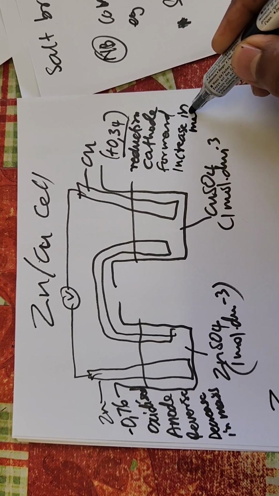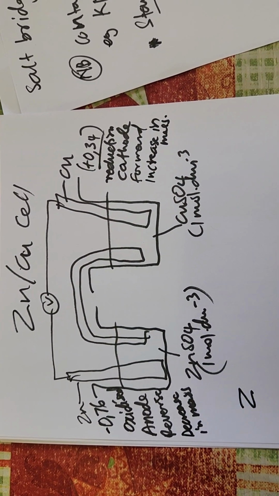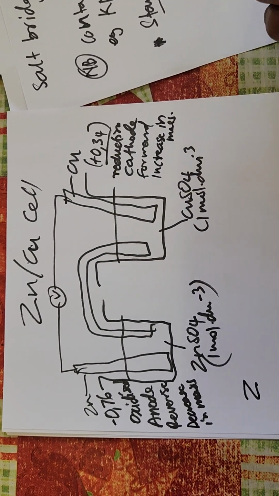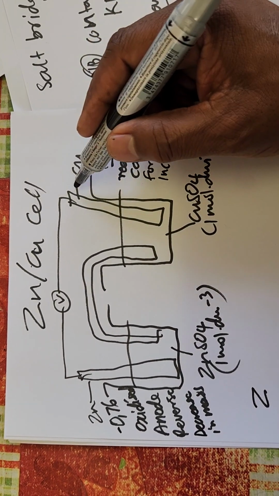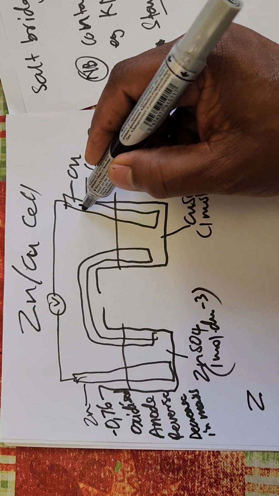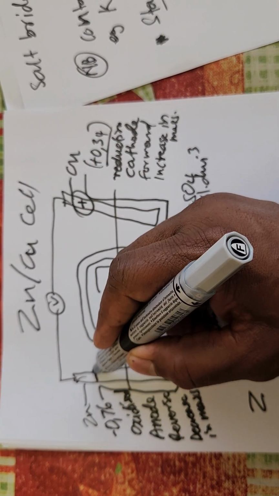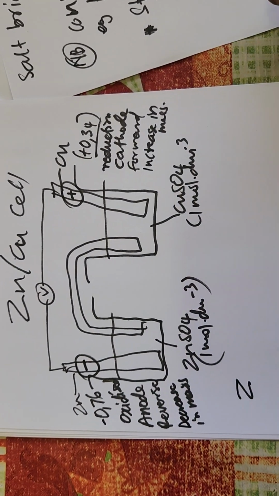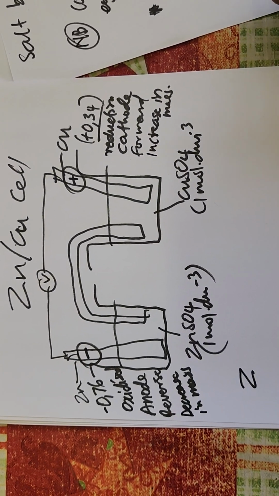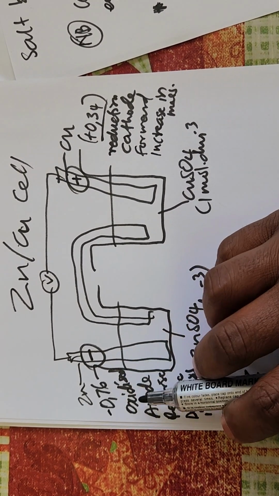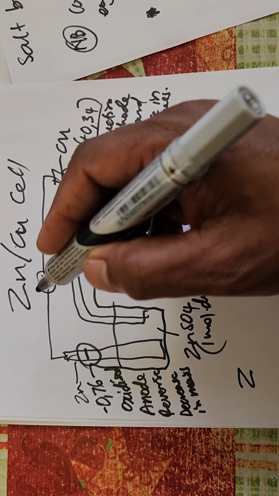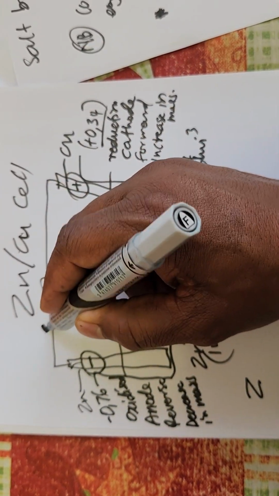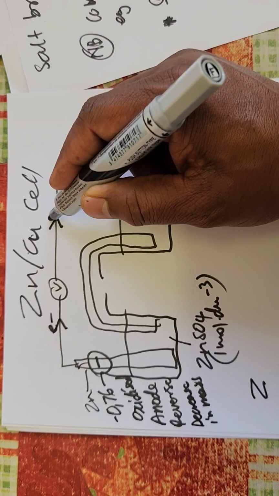Now, in terms of polarity, we say the cathode will be positive and the anode will be negative. In terms of the direction of electrons, they are moving from anode to cathode, meaning that in this case electrons will move from zinc to copper.